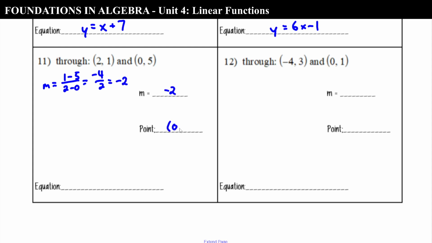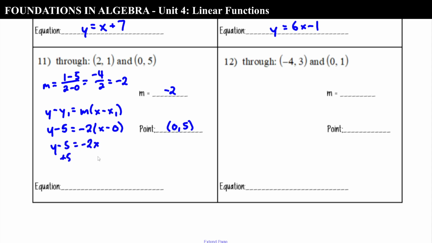And let's use the second point since it has a 0 in it. So y minus y1 equals m times x minus x1. So y1 is going to be 5. Slope is negative 2. x1 is 0. So we have y minus 5 equals negative 2x. And if we add 5 to each side, that's going to give us y equals negative 2x plus 5.